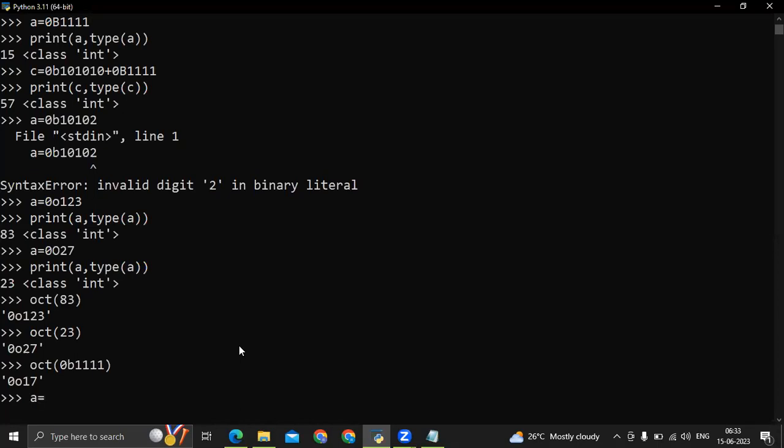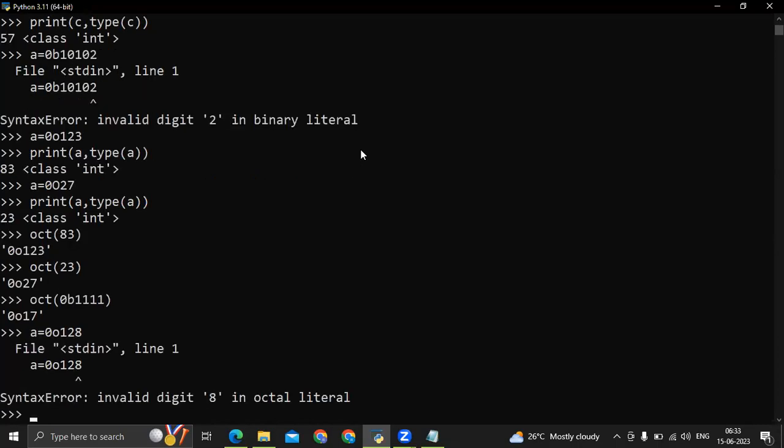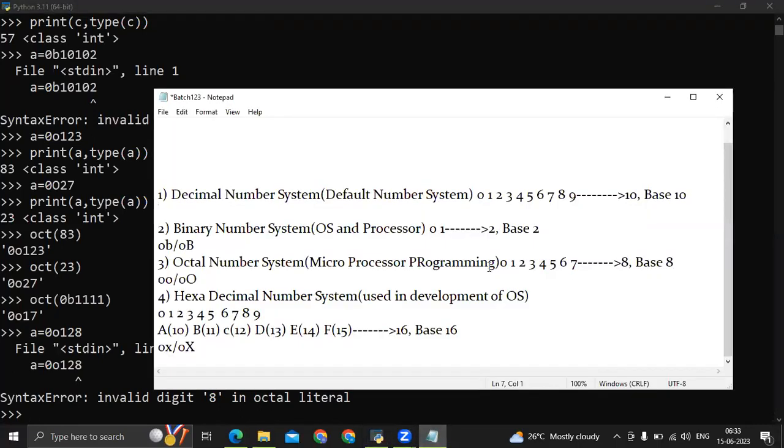Now if I write A is equal to 0o128, will we get the answer? No, we will get the error: 8 in octal literal. What digits do we have in the octal number system? 0 till 7. That is why we have got the error.